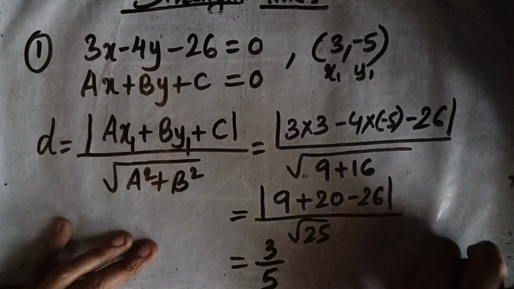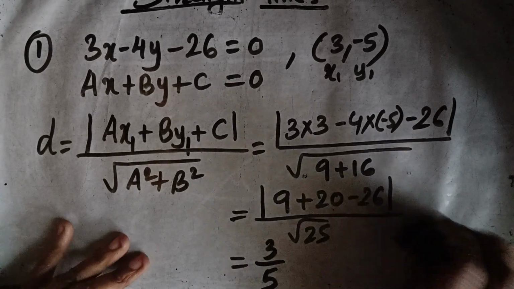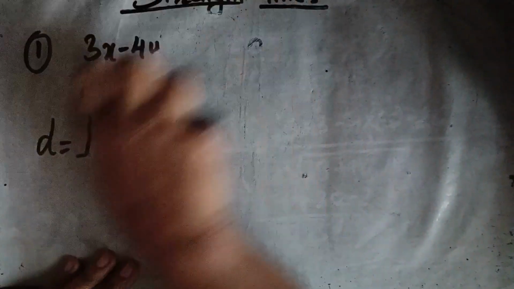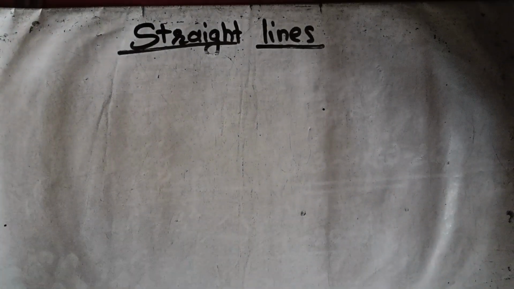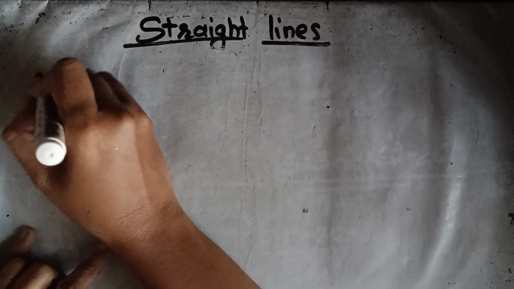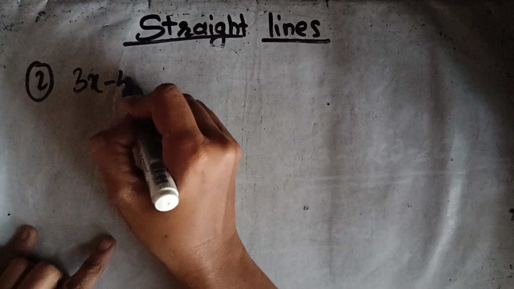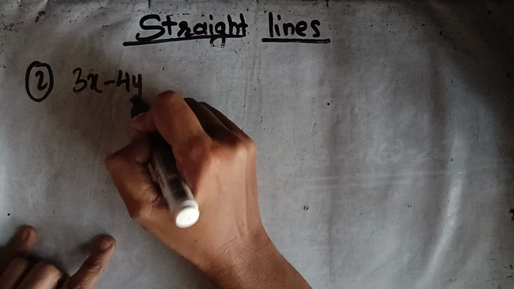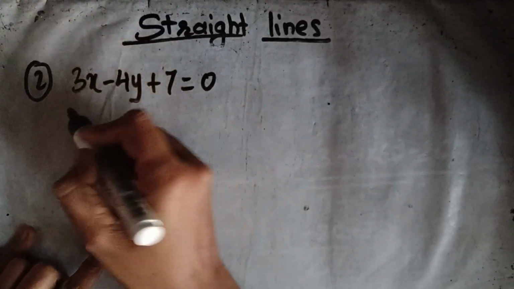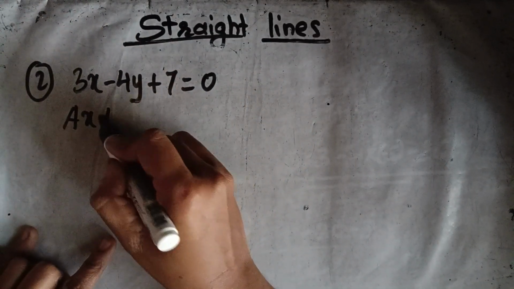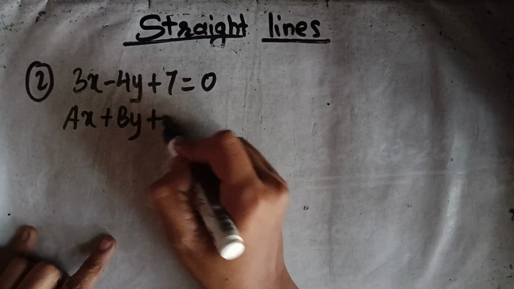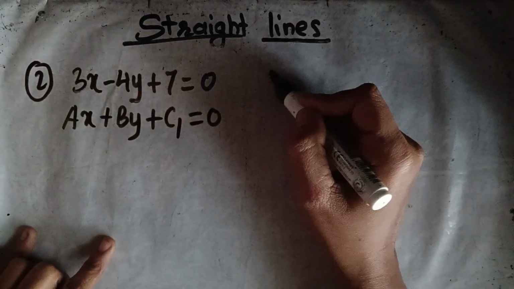Next question is to find the distance between the parallel lines. The lines are given in the general form: 3x minus 4y plus 7 equal to 0, so this is your ax plus by plus c1 equal to 0.